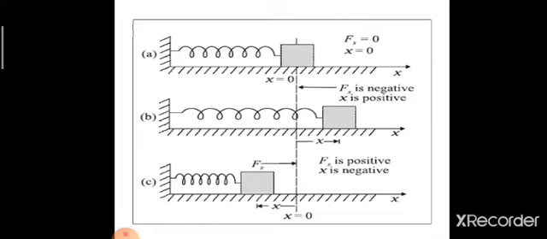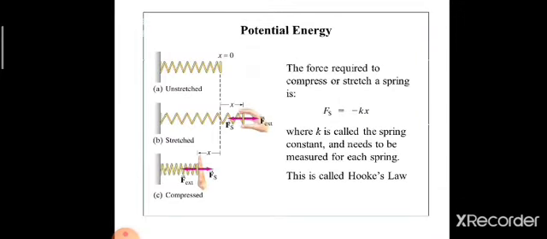Let the mass move through a distance x on either side of the equilibrium position. Then the force required to compress or stretch a spring is given by f(x) = -kx, where k is a constant called the spring constant.